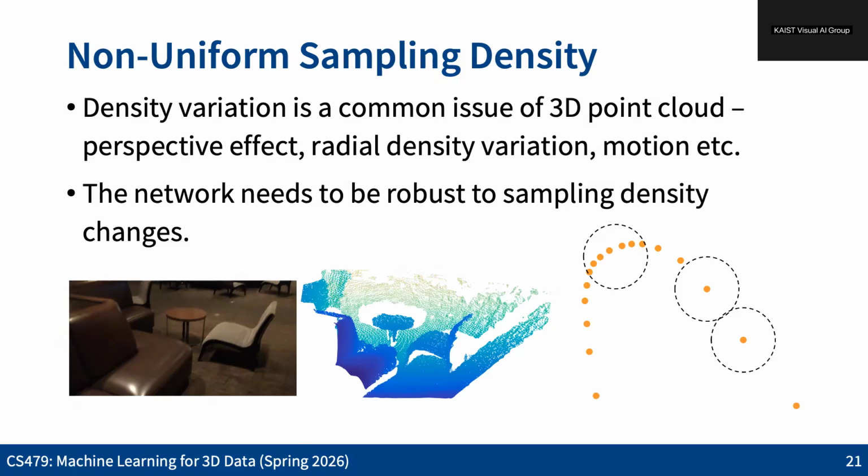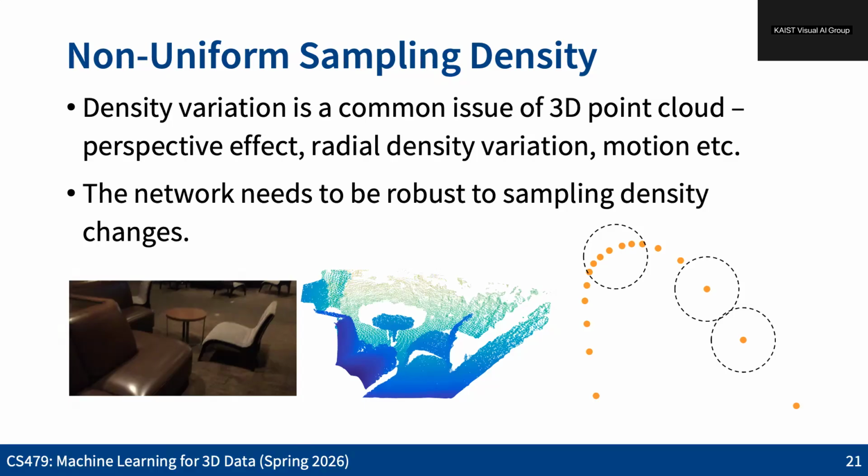But what I'm saying here is that for most cases, that may not be the case. We don't know what variation of density we're going to get at test time, depending on the angle when capturing the 3D information using the 3D scanner. The density of the points might vary every time you scan again, right?